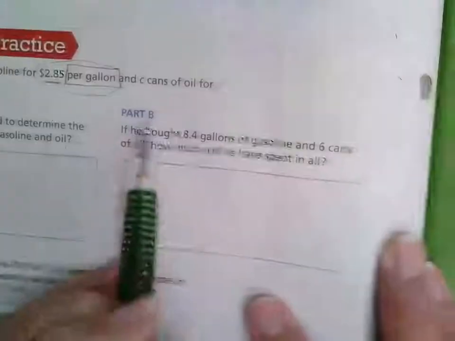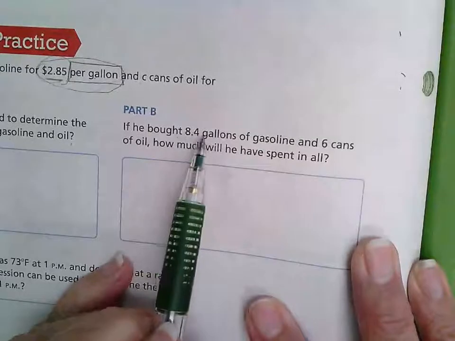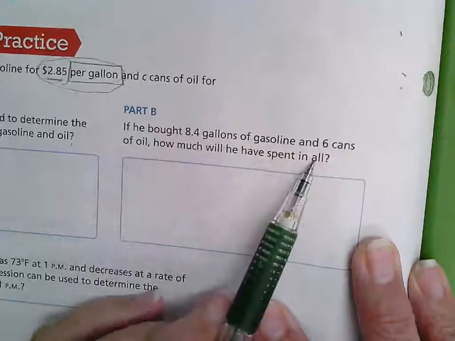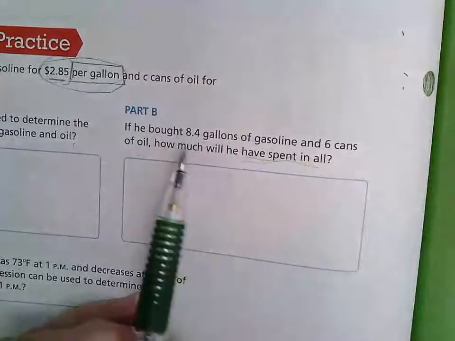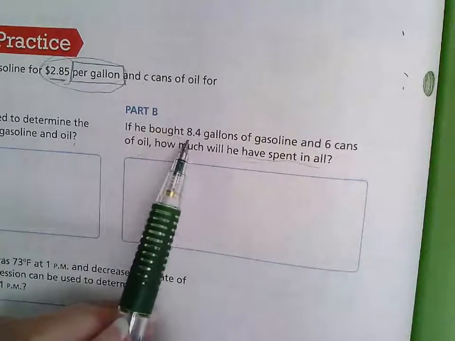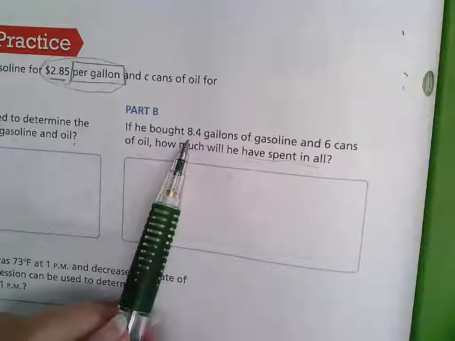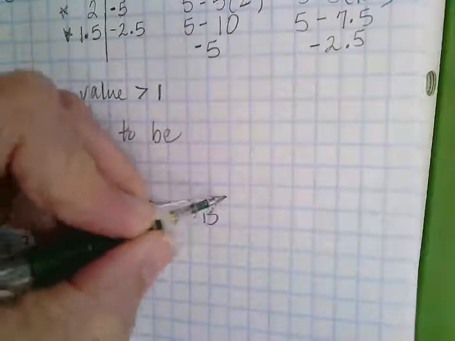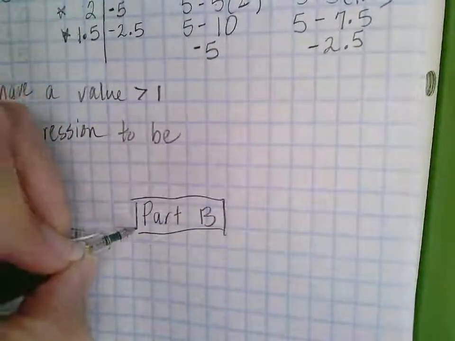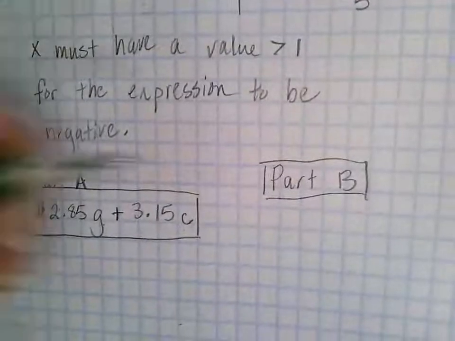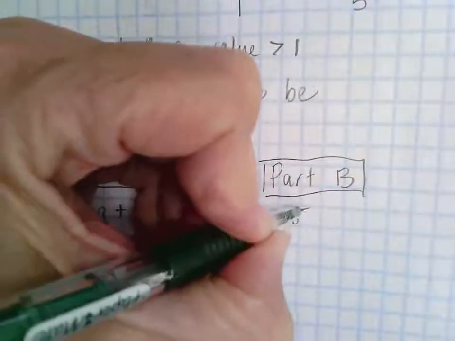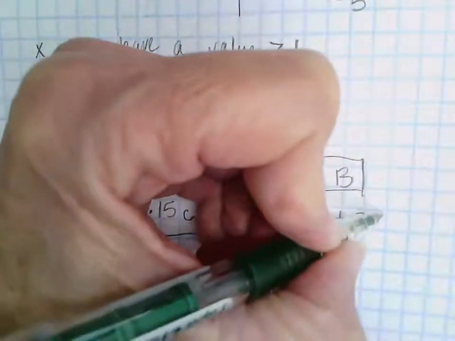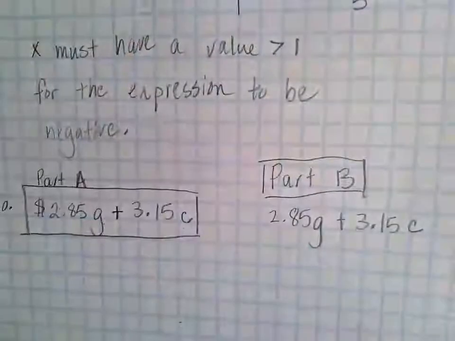Part B. If he bought 8 4/10 gallons of gasoline and 6 cans of oil, how much will he have spent in all? So now we do have a specific quantity that we're looking for. In part B, we're going to use the expression that we wrote in part A. So here we have $2.85 for the gallons of gasoline and $3.15 for the cans of oil.